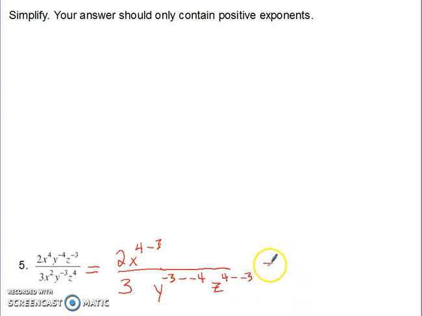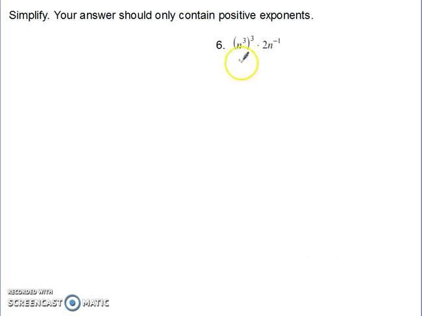And the advantage of doing that is now when I simplify, I'm left with positive exponents. And so I don't have to worry about crossing the line and changing the sign of the negative exponent.